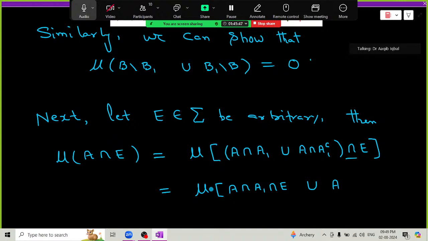That means actually it is A minus A1 intersected with E.